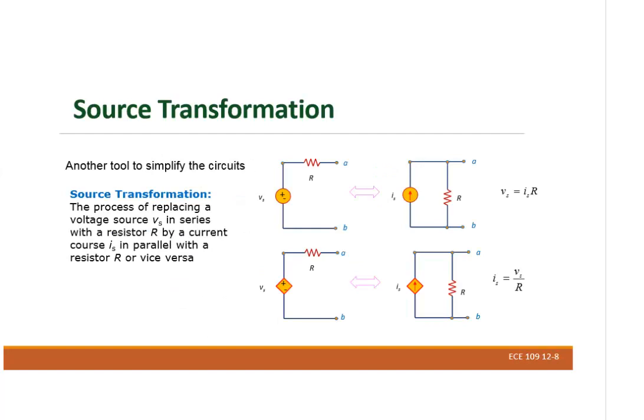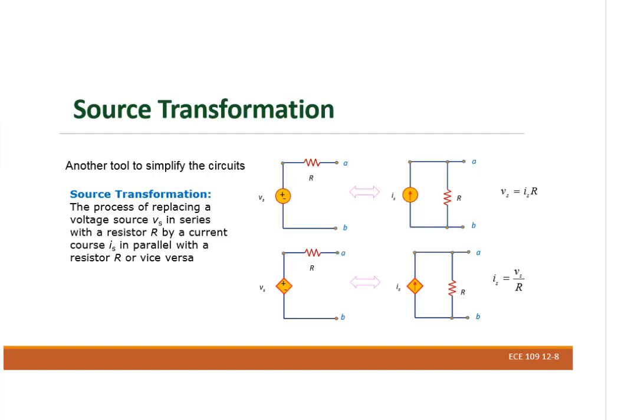Next part of this one here, source transformation. This is basically to simplify the circuit. With source transformation, we can replace a voltage source with a series resistor by a current source with a parallel resistor.